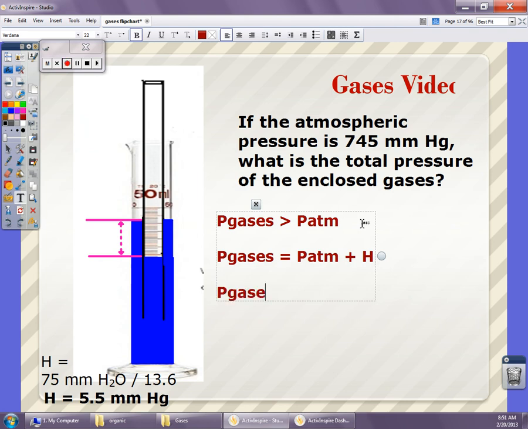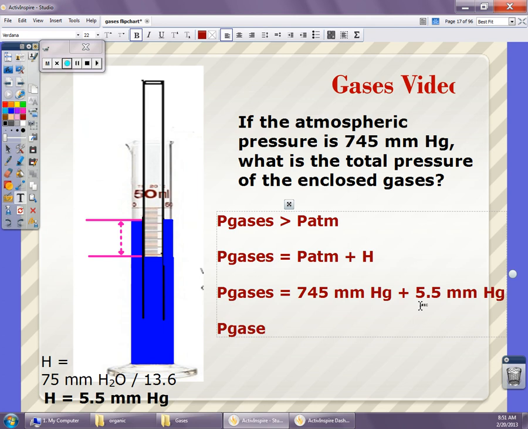So pressure of the gases equals my 745 millimeters Hg plus the 5.5 millimeters of mercury correction factor. And when I'm done, pressure of my gases is about 751 millimeters Hg after rounding for significant figures.